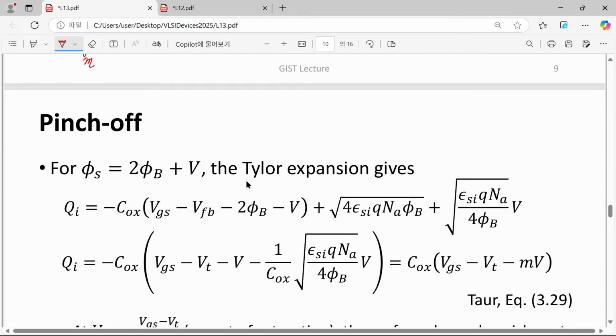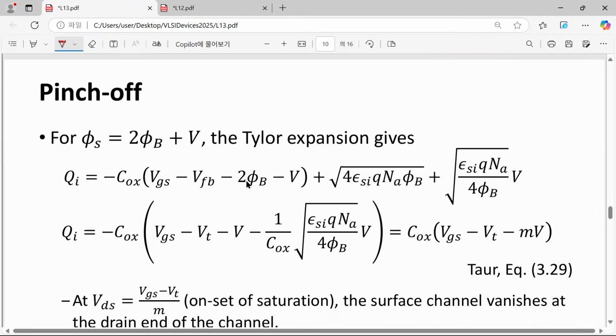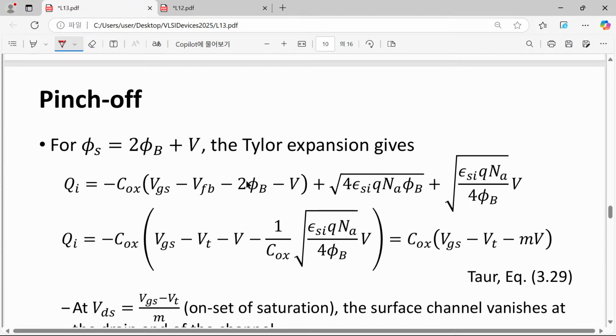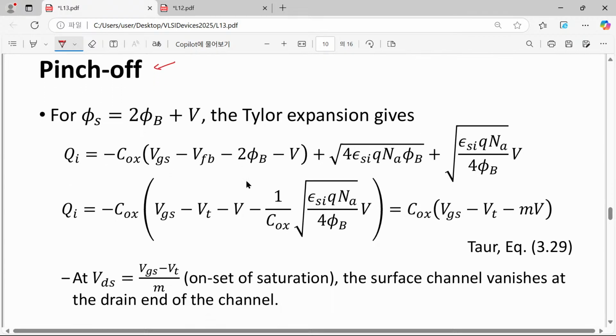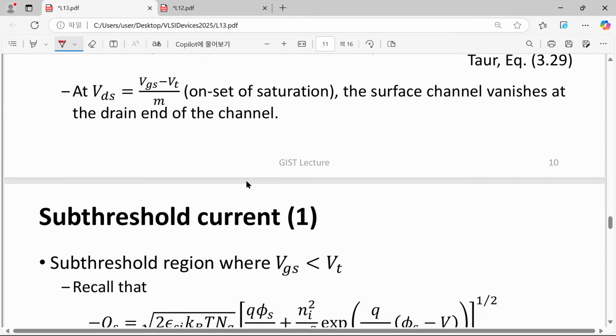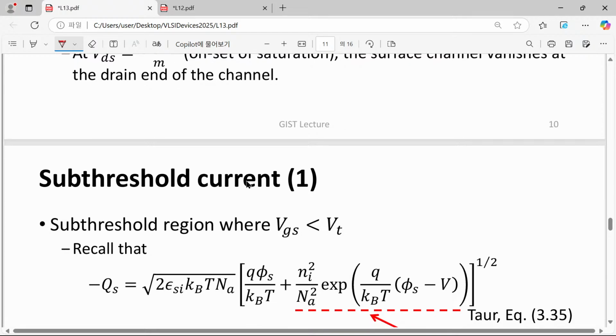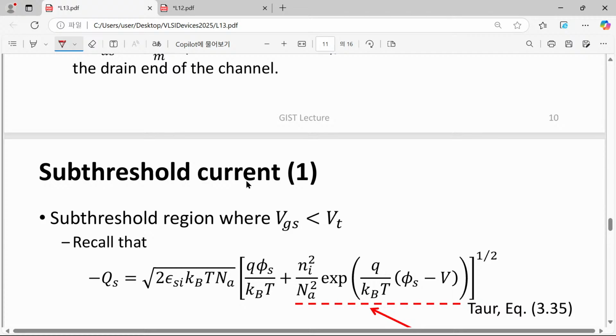Okay, so up to now we have thought about this one. This pinch-off is related once again with saturation current. So please have a look at it. And since we have just about 20 minutes left, we have to cover this very important topic: substrate current.